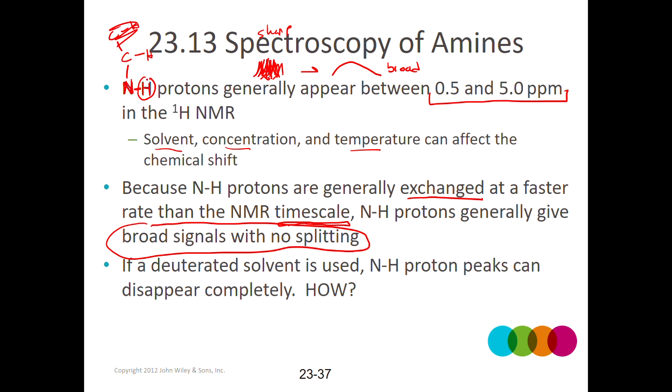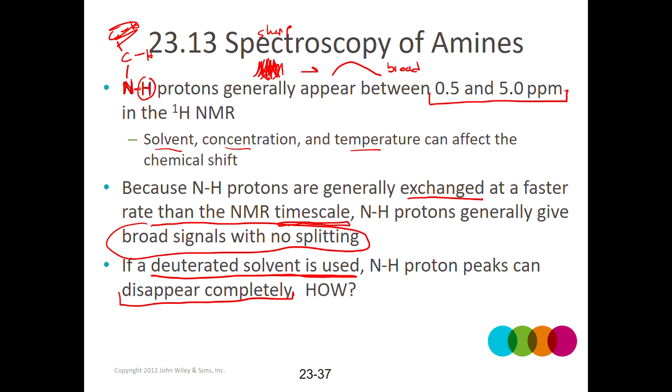And since they're exchangeable, that means if the solvent has exchangeable deuteriums, the proton may be replaced with the deuterium, which means the signal may completely disappear altogether. Right? So there's a lot of variability in what you might see in a proton NMR for the proton signal if the proton's directly connected to a nitrogen.